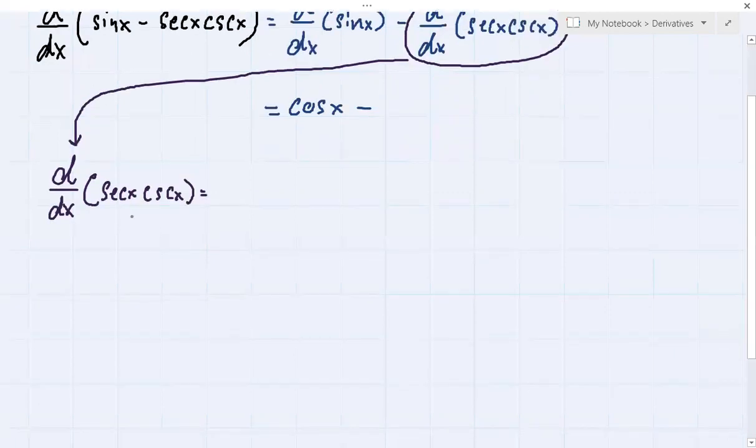So pick which one is your u and which one is your v. Yung u ko, si secant x. Si v ko, si cosecant x. Now, let's get the derivative of the two of them. Ang derivative ng secant x is secant x times tangent x.